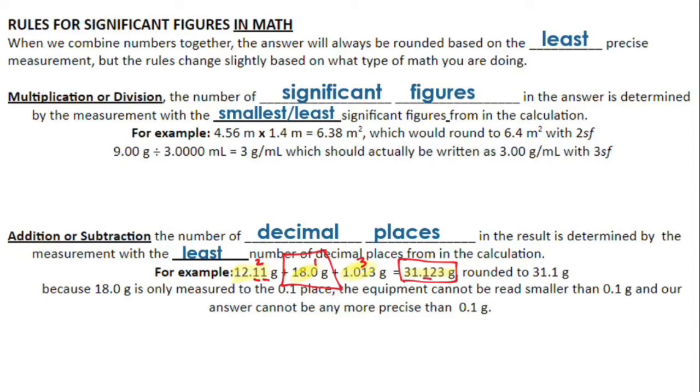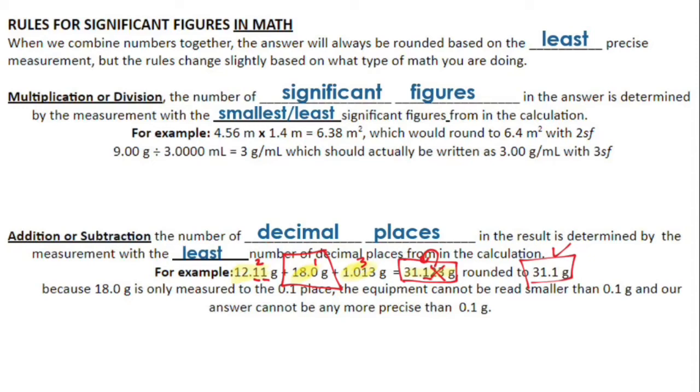So we just come over to that first decimal place in our answer and round it to that point. So just like we talked about before, we look at the next digit, the first one we're cutting off, and the 2 gets a chance to round up the 1, but it can't, it doesn't. So they just end up going away, and our final answer is 31.1, just rounded to that first decimal place.